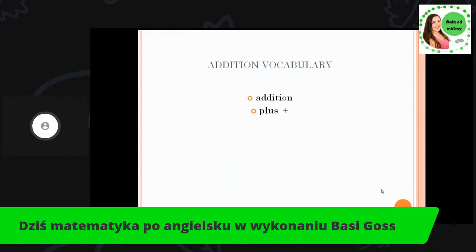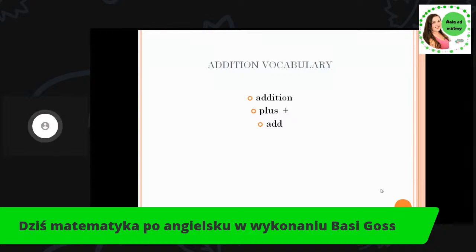And another word someone wrote is add. Okay. What I want to show you is, at the moment, we only remember few words. When we finish the lesson, your vocabulary is going to be a lot bigger. We're going to know more words that we can use for addition.